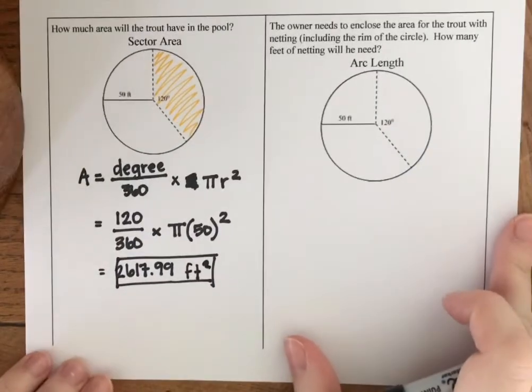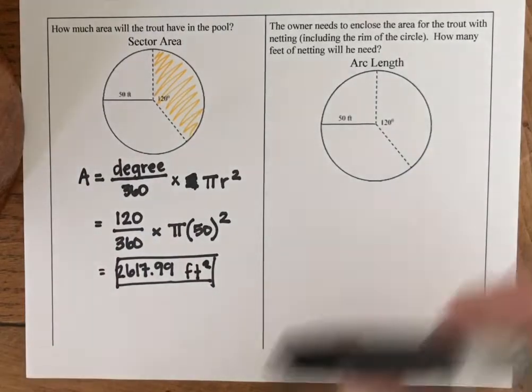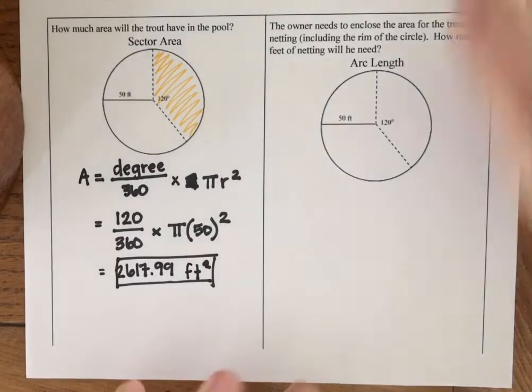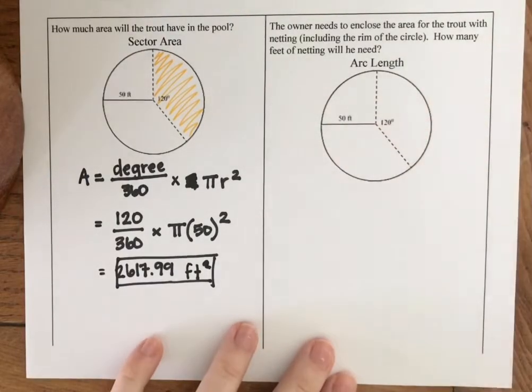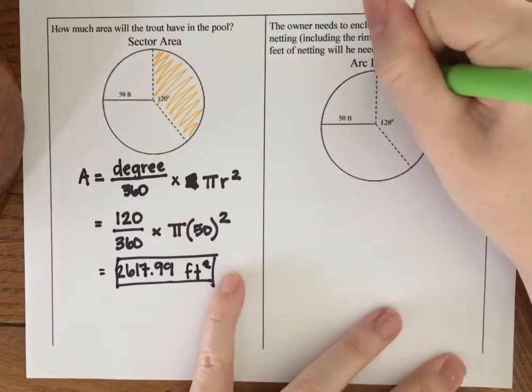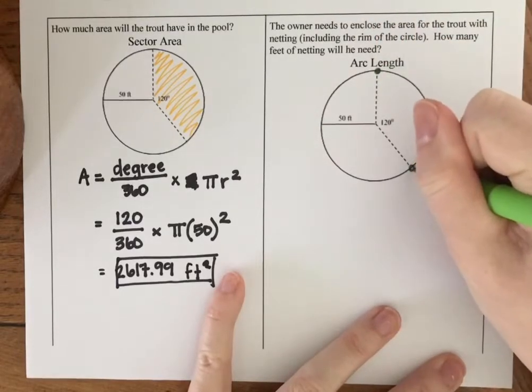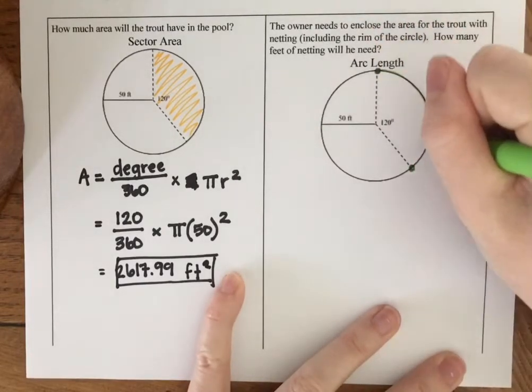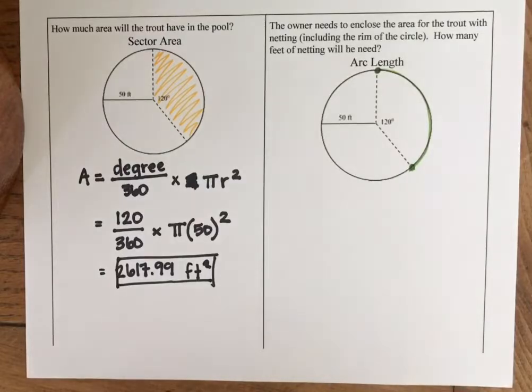Now, arc length is very similar, but this time it says the owner needs to enclose the area for trout with netting, including the rim of the circle. How many feet of netting will he need? If I need to find the arc length, so from here to here around my circle, our formula is going to be very similar, slightly different.